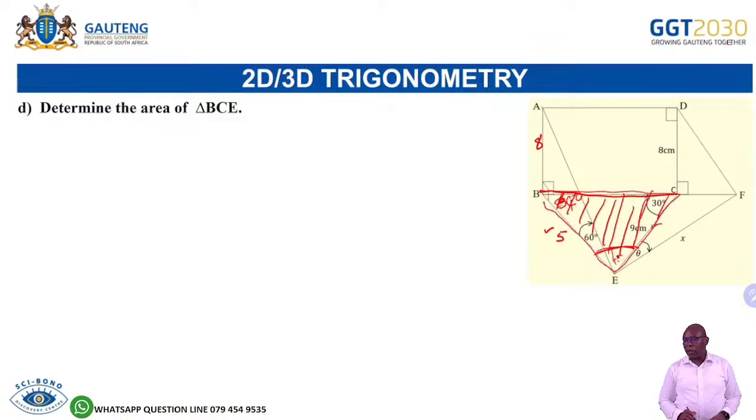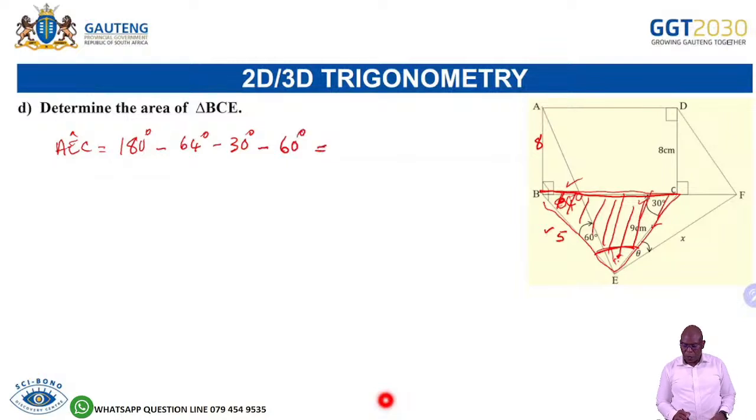So how am I going to get angle AEC? I need this angle. So I'm going to say it's going to be 180 degrees minus 64 minus 13 minus 60, and that angle will give me 26 degrees.